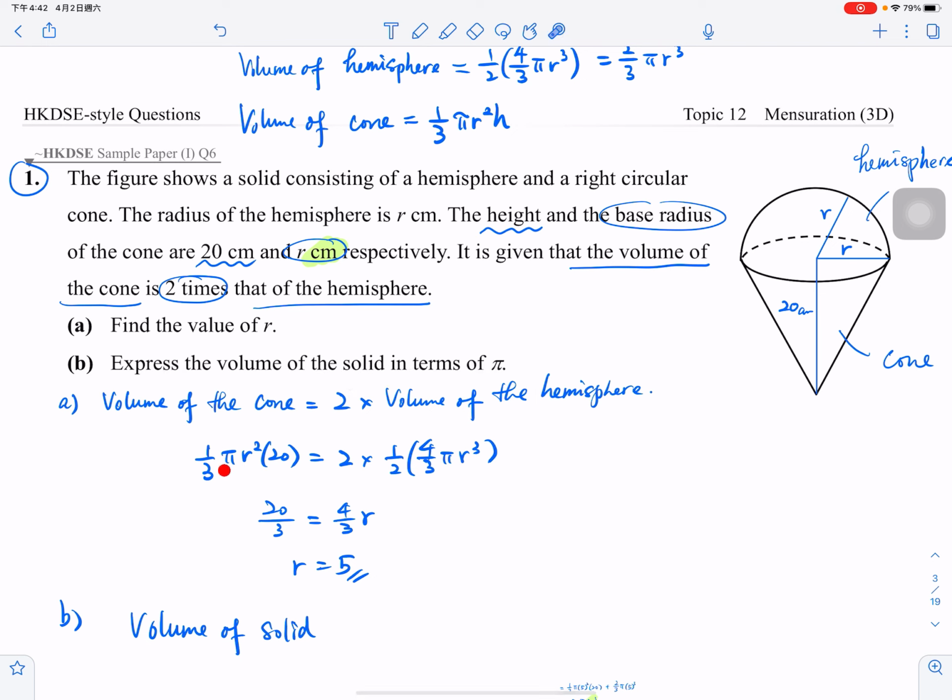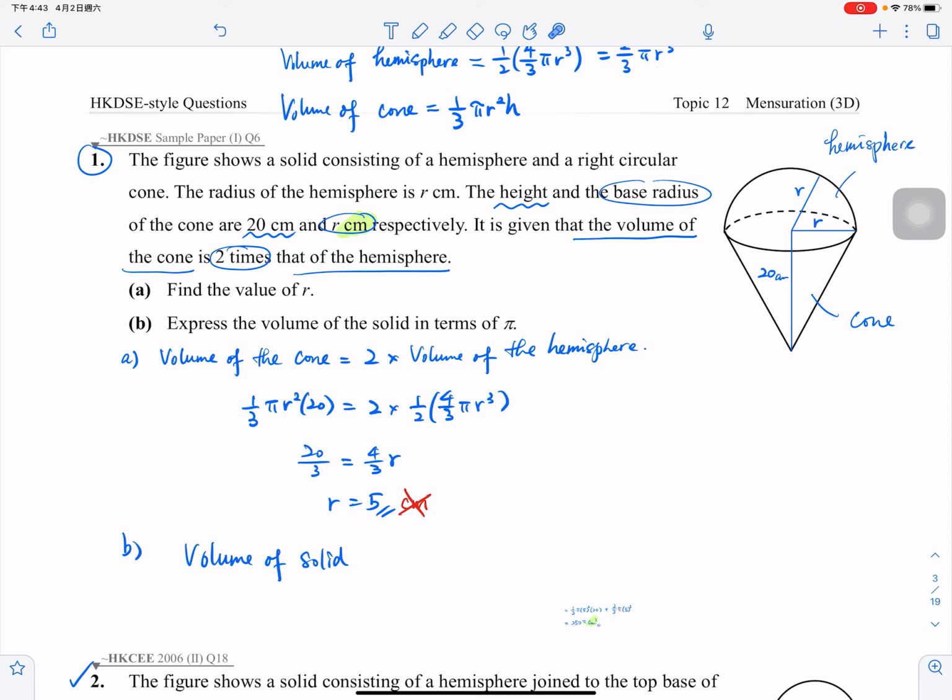So 1/3 pi r square h, with h is 20, equals 2 times 1 over 2 times 4 over 3 pi r cube. After simplifying pi r square, you have r left here, and 4 over 3. Here is 20 over 3, so at the end r is 5. Remember, cm is omitted this time because we have r cm, so no need to write cm here.